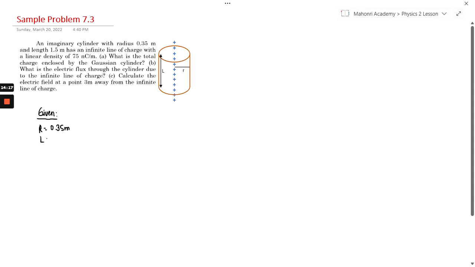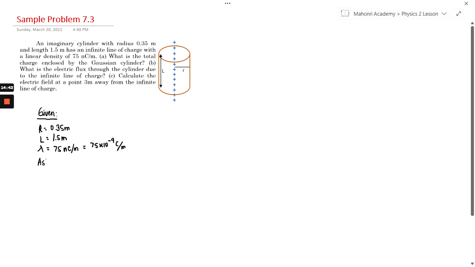And the length of our cylinder is 1.5 meters. And then they also gave us our linear charge density, which is our lambda, equal to 75 nanocoulombs per meter, or that is equivalent to 75 times 10 raised to negative 9 coulombs per meter.